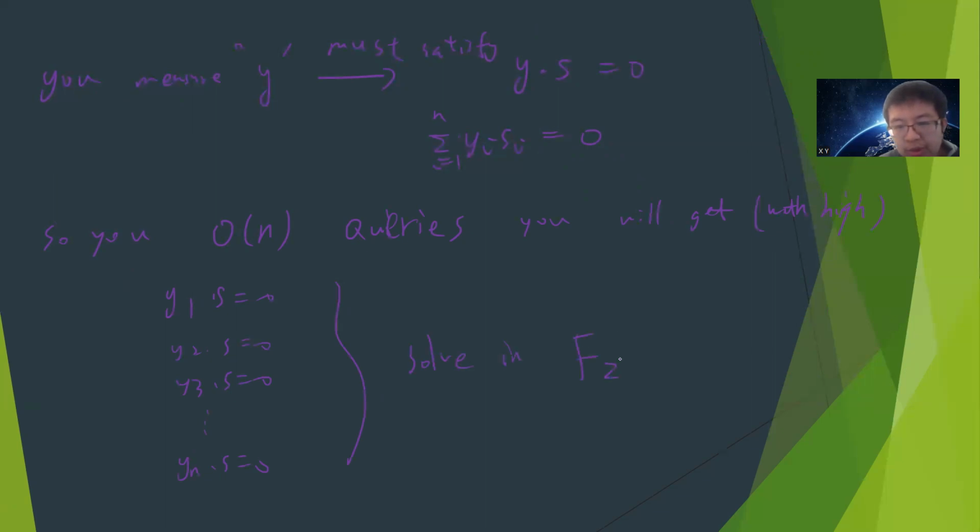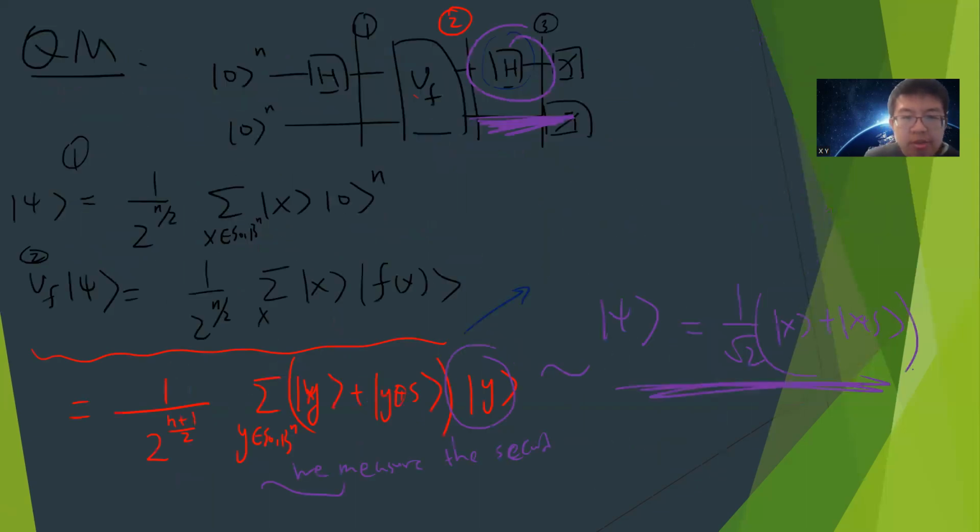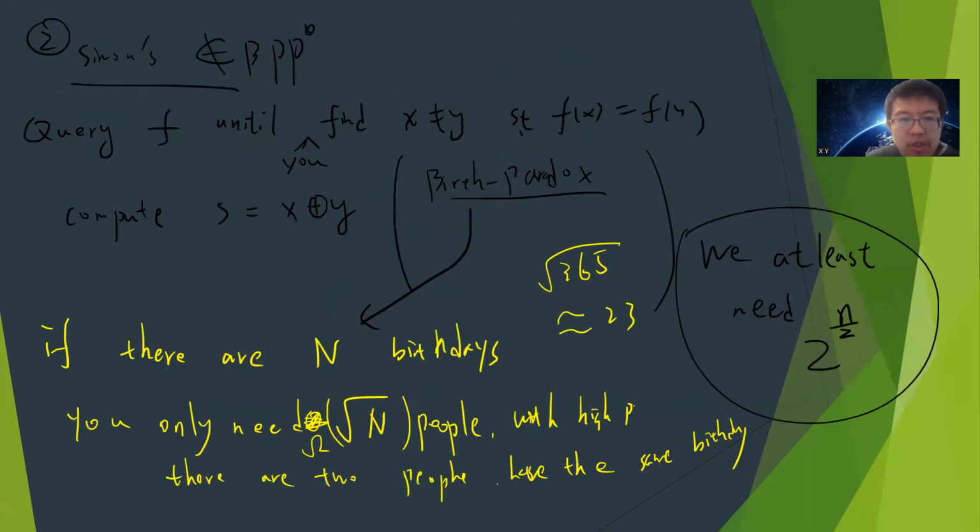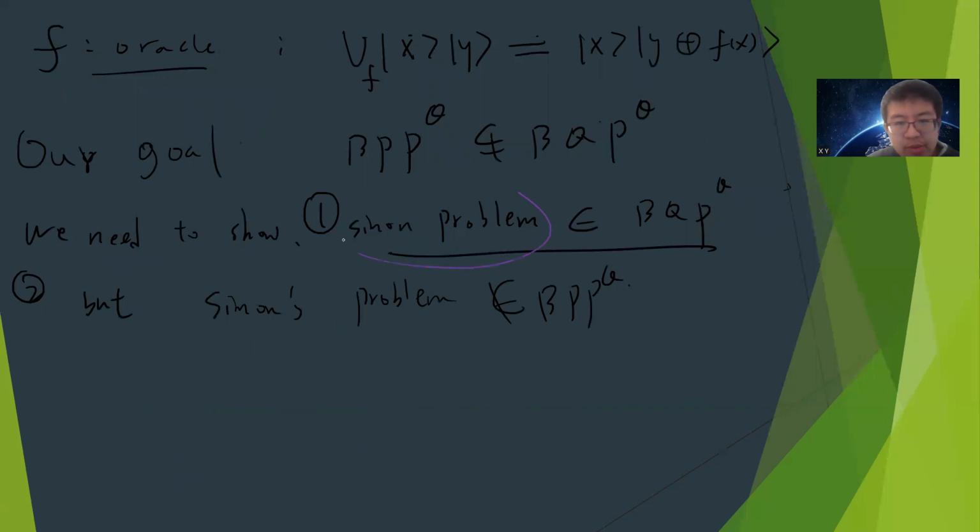You solve this n by n system of equations in F2 to find a non-zero s. It's a linear equation, and you just need O of n queries. So we proved that Simon's problem is indeed in BQP to the oracle, but it's different from P to the oracle. Okay, so this is our result.